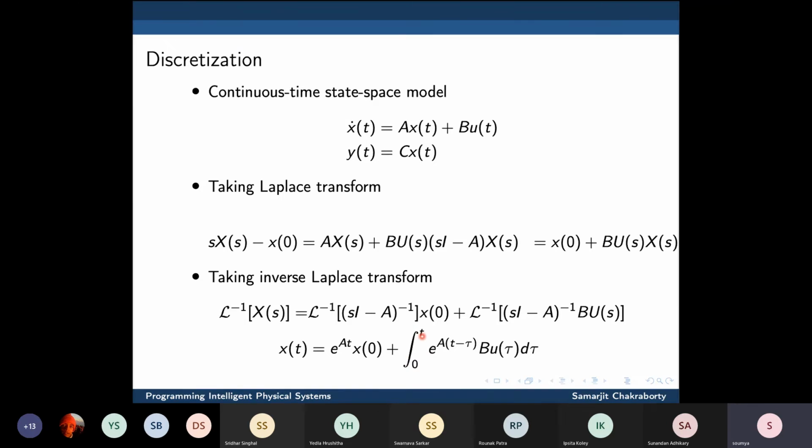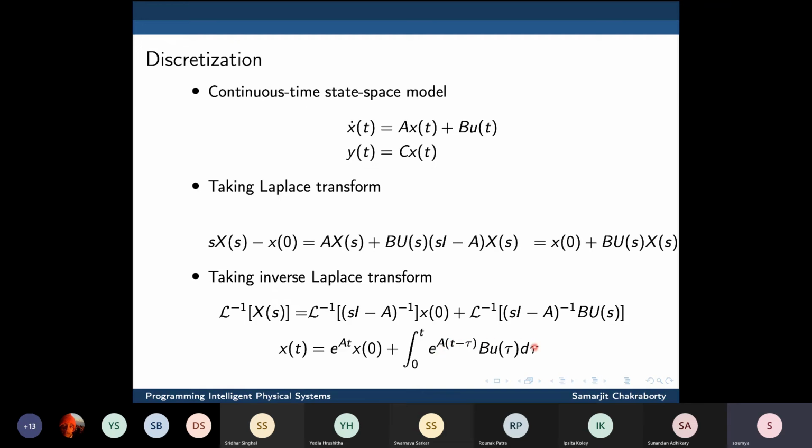In this integration, this t is not a variable. This t is just an upper bound, the limit of the integral, which for our case will become h. So we are instead of writing t, writing 0 to h. It's just a replacement of t with h, right?